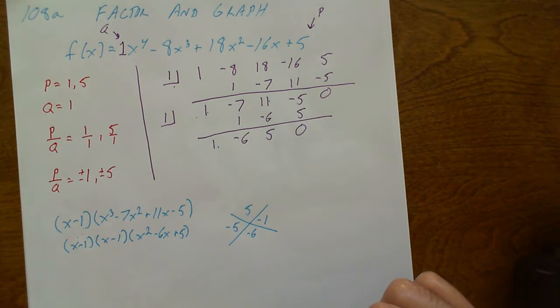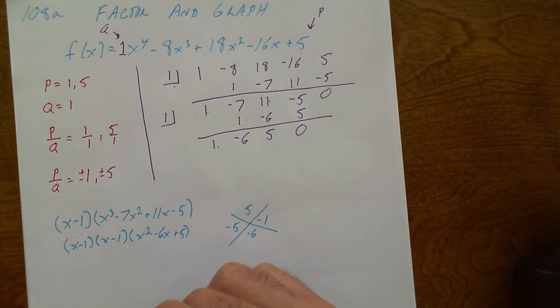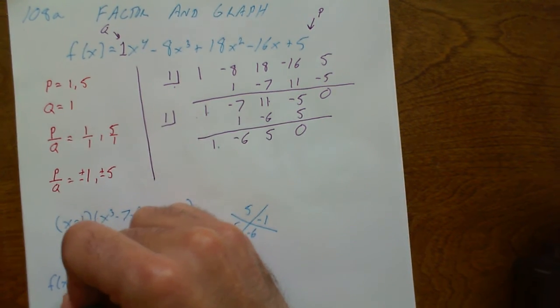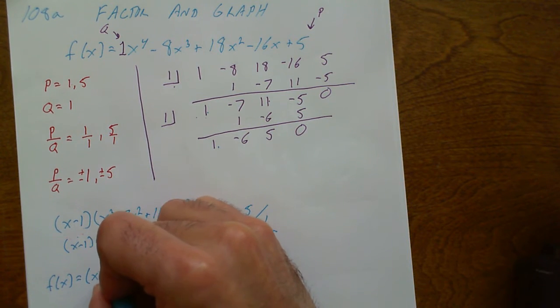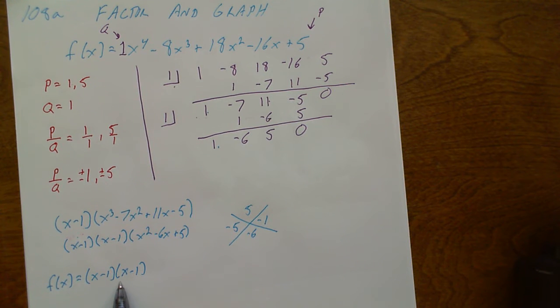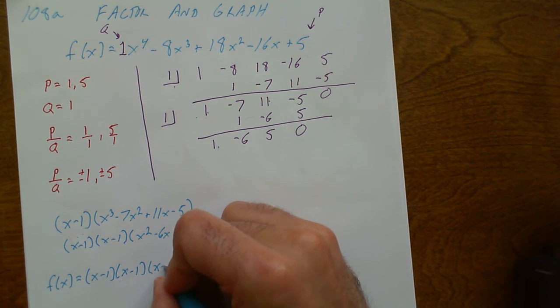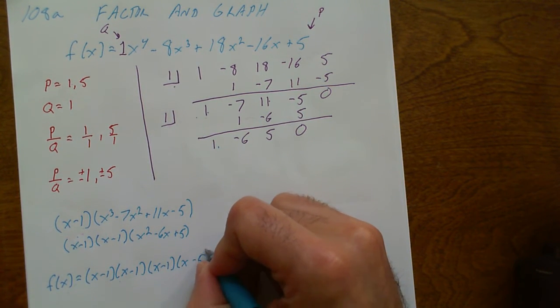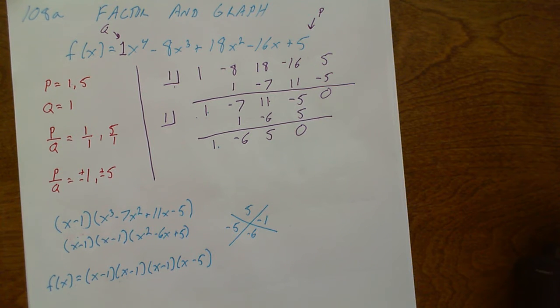Negative 5 times negative 1 is positive 5, and negative 5 plus negative 1 is negative 6. So my factored form is f of x equals x minus 1 times x minus 1, and we write those two down there, times, oh look, another x minus 1, times x minus 5.